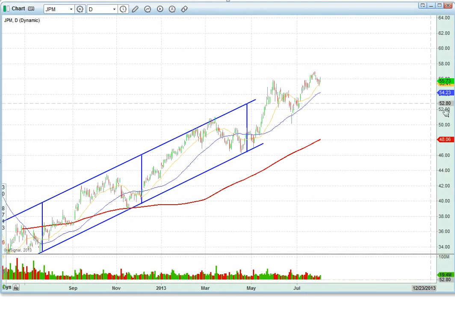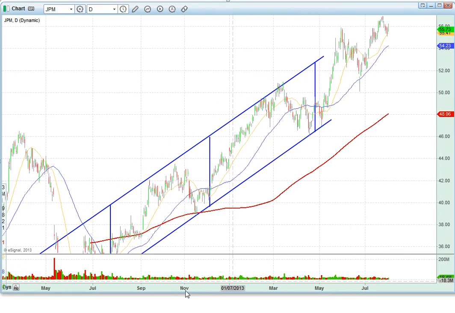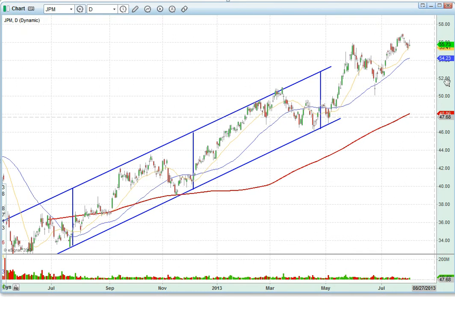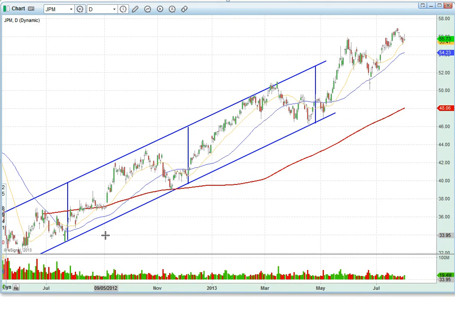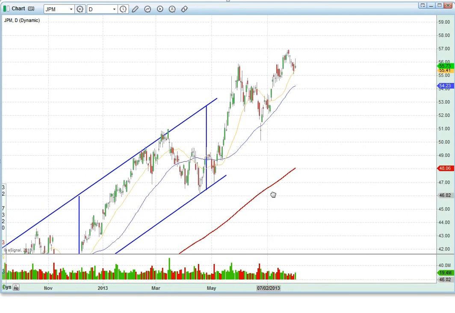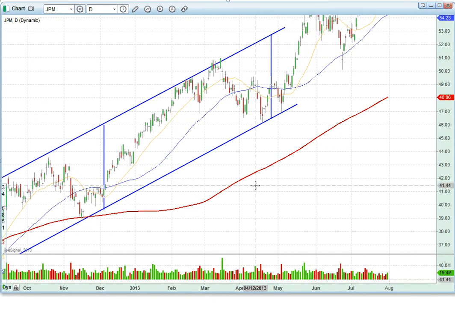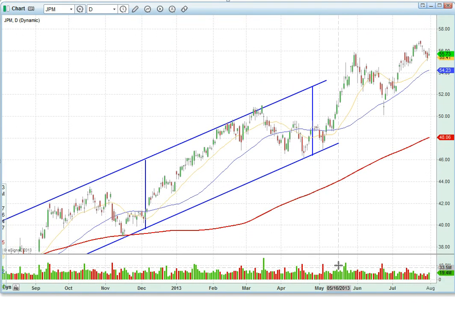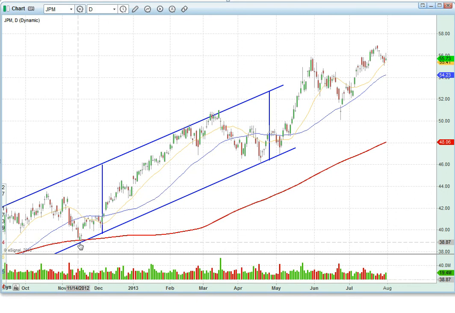Let me just try to make that pretty for you, the best that I can at least. So the 200 MA would have bounced right here. Give me just one moment. I'm not used to my charts being this small, but I have to do it for the video. So here in November we were around $39, and we had a really strong rally, and now we are around $56.